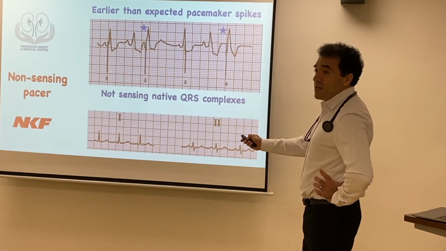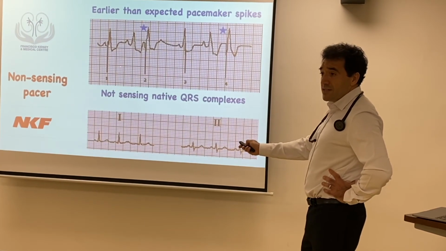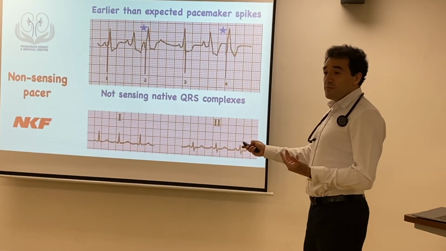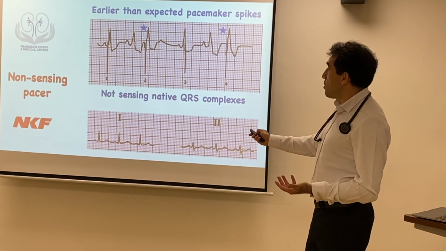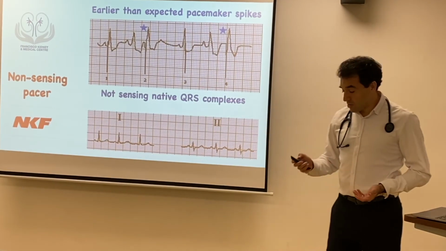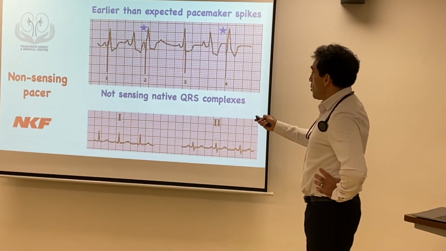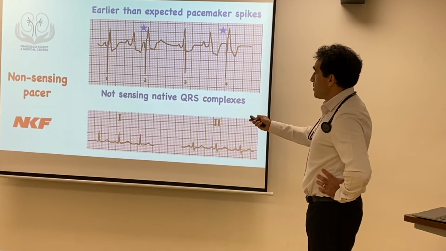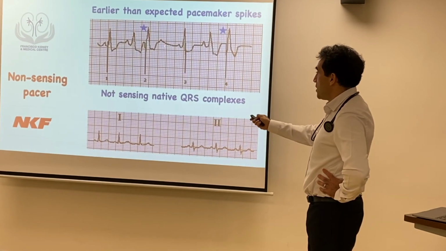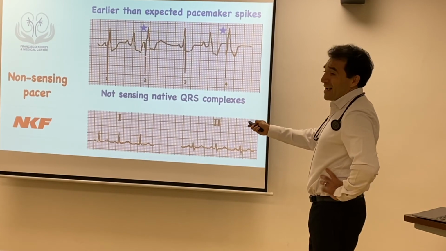So it's not that the pacemaker is not firing; it's working in that aspect, but the sensing of the pacemaker is not working. So it's not detecting the normal beats, and that can lead to some problems as well. So it's important to identify. And you know it because if this is seen as a QRS complex, the next spike probably should be around here, no? But the fact that it's this early means that it's acting autonomously.